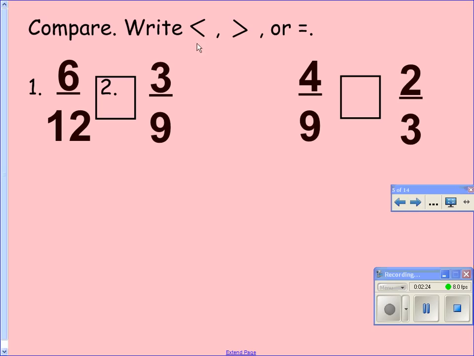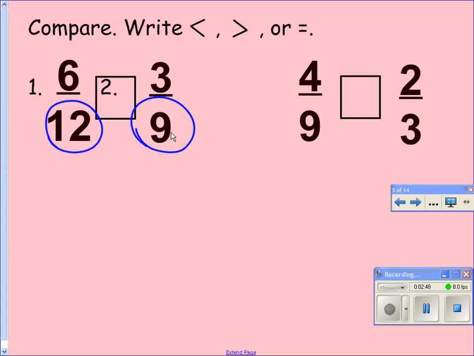Okay, so to compare and order these fractions, we're going to do the same thing. We're going to find the common denominator, and then look at the numerators to see which one is greater than, less than, or equal to. So we have 6/12 and 3/9. What is a common multiple of 12 and 9?